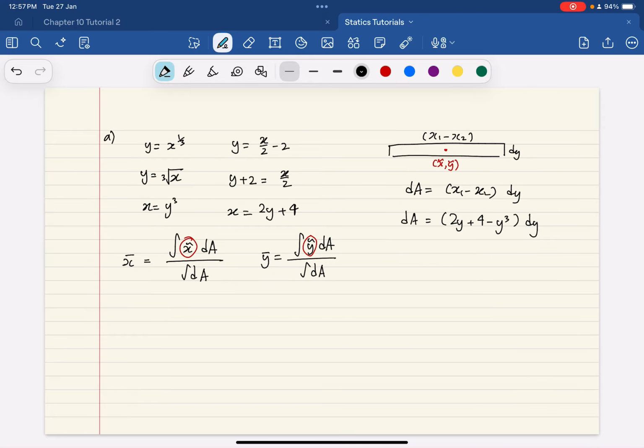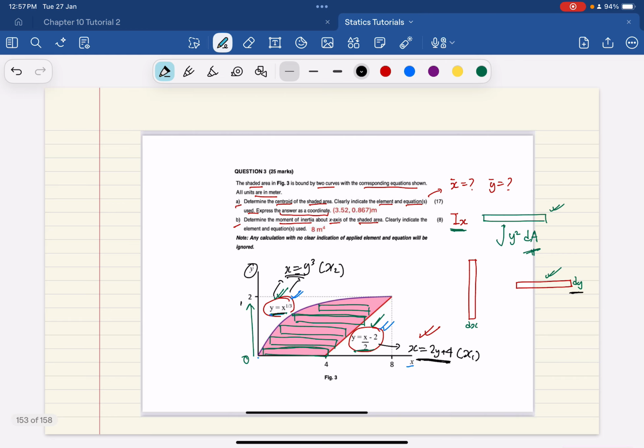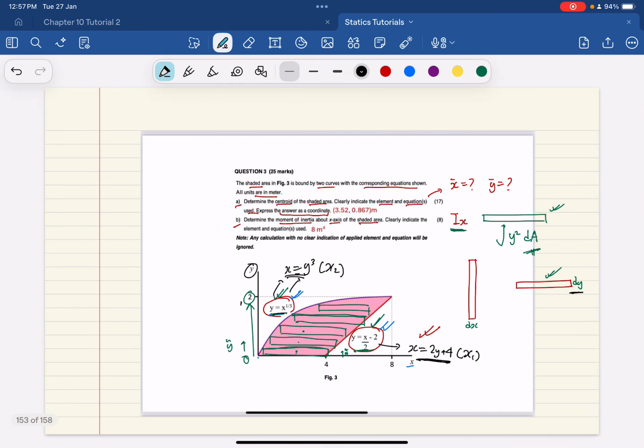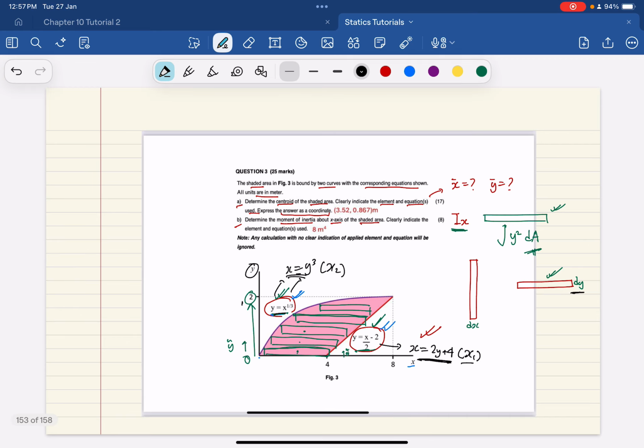If you look back at your graph, what we can see is that the y tilde is affected by your y coordinate value. Your y tilde changes with your y coordinate value, so you can say your y tilde is just equivalent to y. Whereas your x tilde depends upon your x1 and your x2.